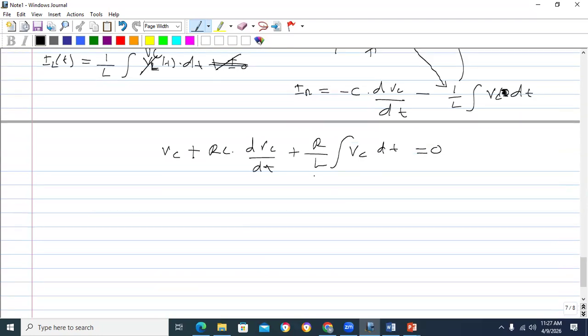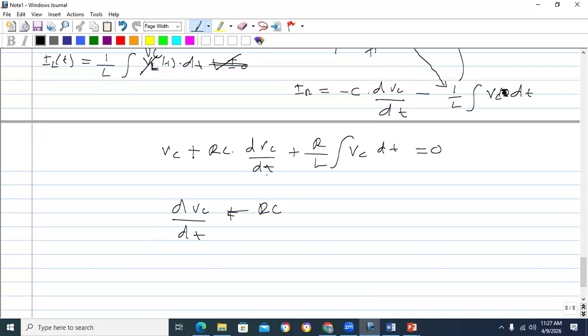Now to make this a differential equation, what we need to do? There is an integration. We need to cancel the integration. For that, we need to get the differential of all the terms. So this will be dVC dt plus RC.